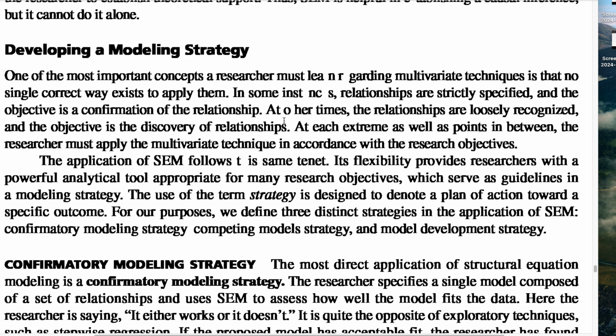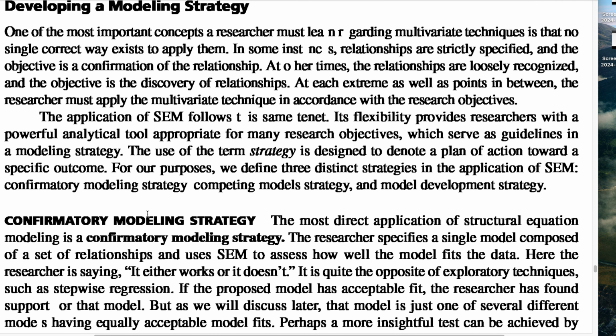At another time, the relationships are loosely recognized and the objective is the discovery of the relationship. At each extreme, as well as the points in between, the researcher must apply the multivariate technique in accordance with the research objective. The application of structural equation modeling follows the same pattern.